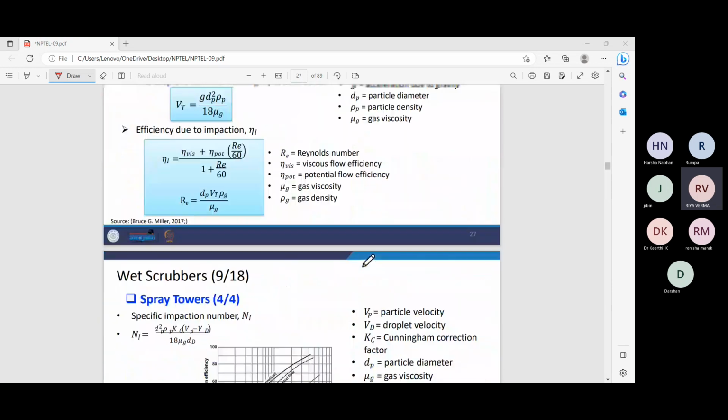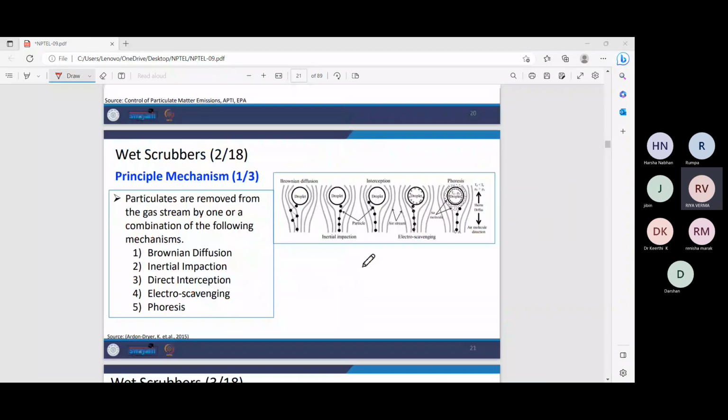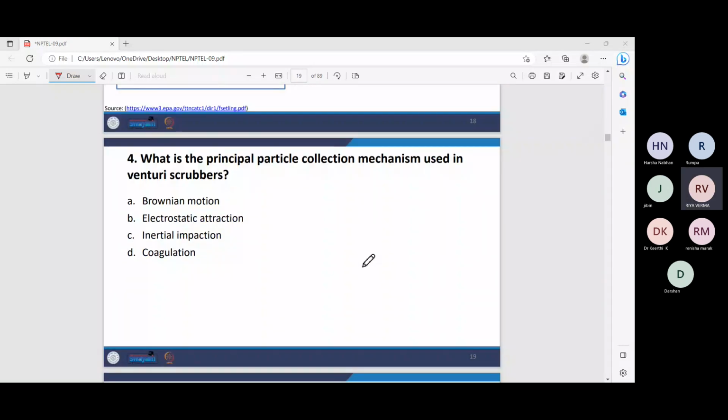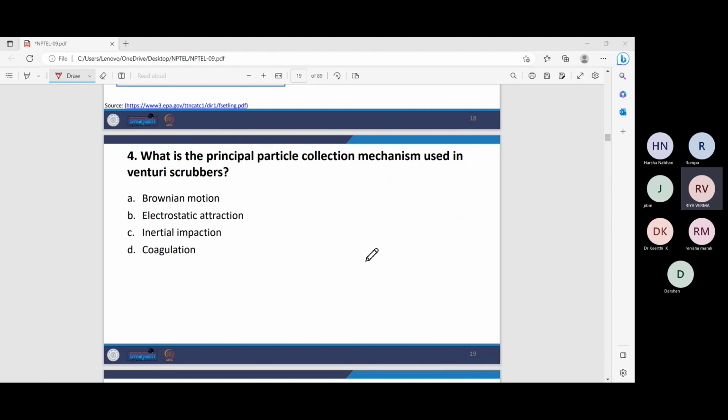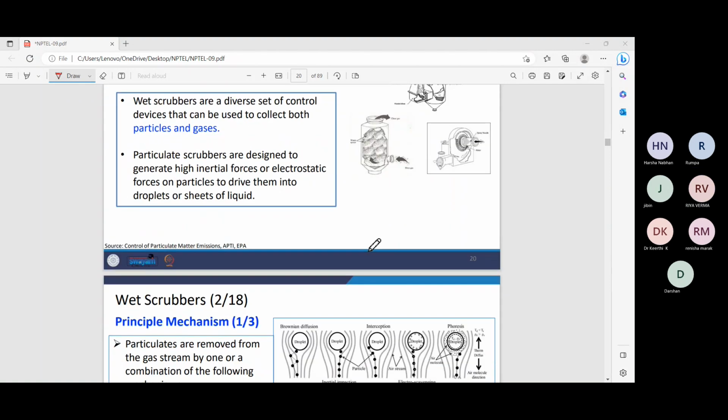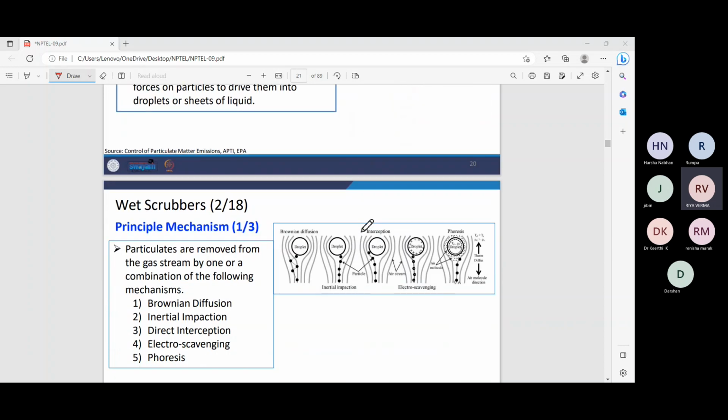Now coming back to our question, which was this. What is the particle collection mechanism used in Venturi scrubbers?